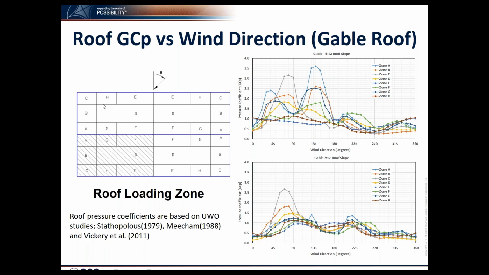As you can see, for some of the wind zones, the wind pressure coefficients are very high, depending upon which directions winds are coming from. And it also depends on the roof slope. As you can see, for the lower roof slope, the wind loads are higher. For the higher roof slopes, the wind loads are lower.